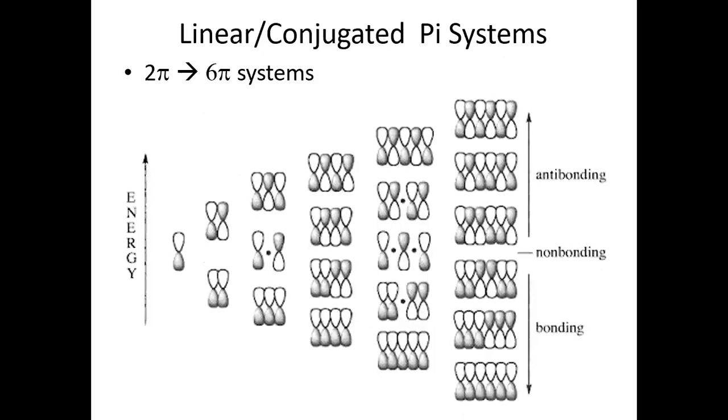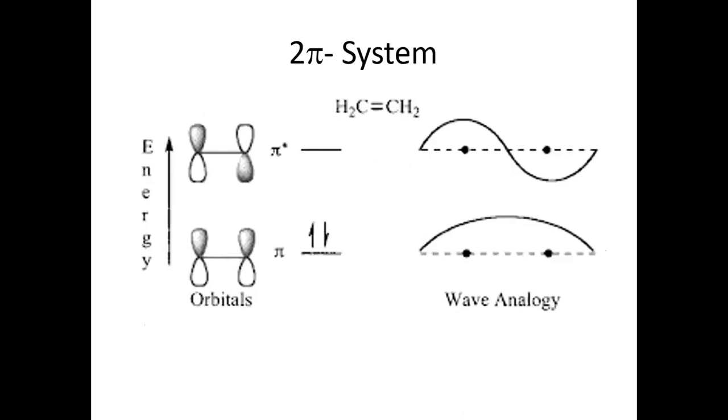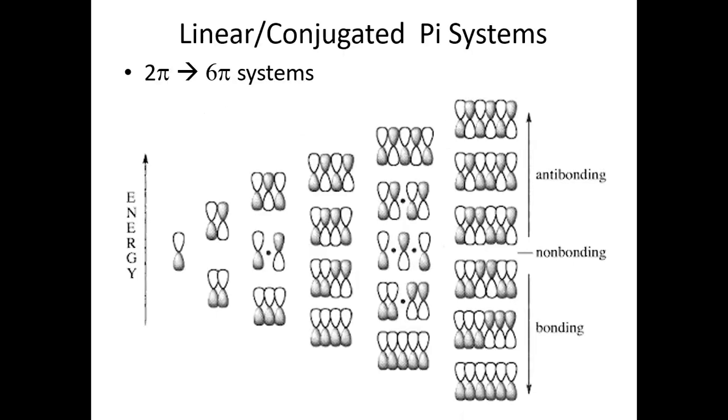This is the depiction for linear conjugated pi systems, and we're going to talk about 2 pi, 4 pi, and 6 pi. When we say 2 pi, 4 pi, or 6 pi, we're talking about the number of pi electrons, or the number of electrons that are in p orbitals.